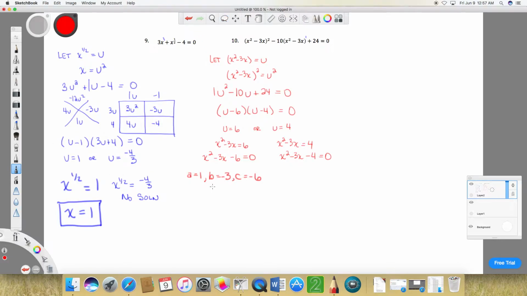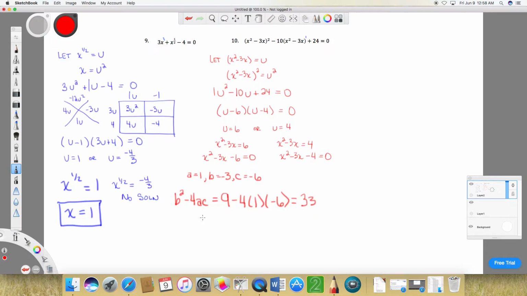All right. So my discriminant is b squared minus 4 times a times c. -3 times itself is 9, minus 4 times 1 times -6. That's 24. And 9 plus 24 is 33.